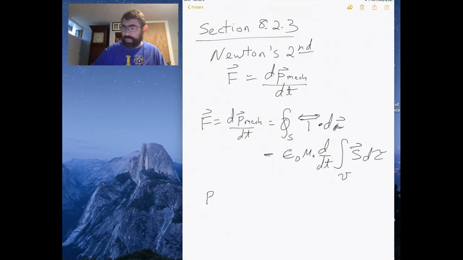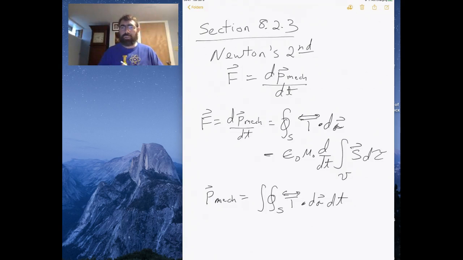So the momentum then would be these two parts. I would get the integral of that stress tensor part, so integrating over time, minus epsilon naught mu naught, the integral over the volume of the Poynting vector.